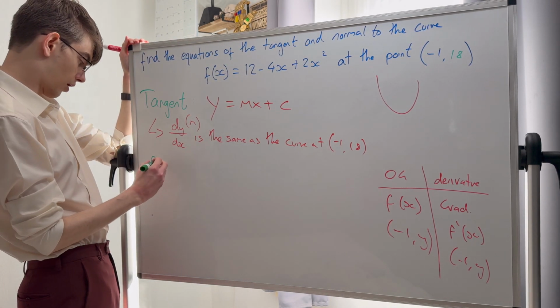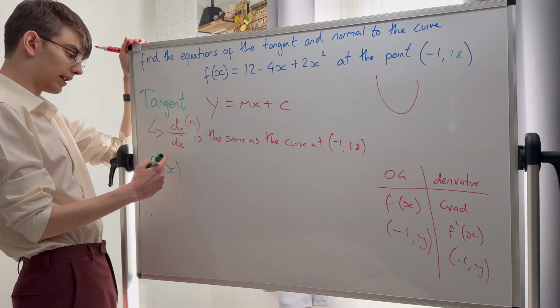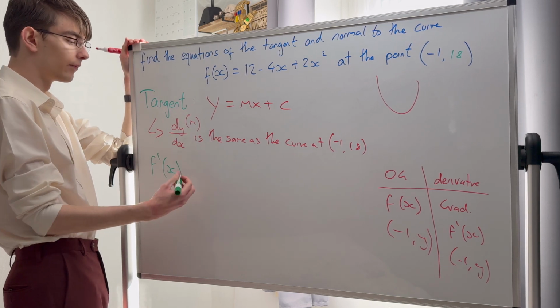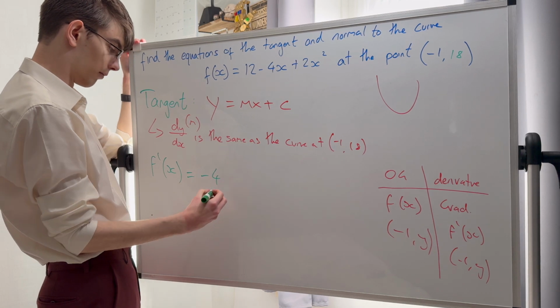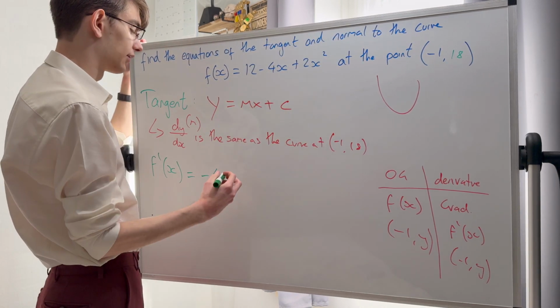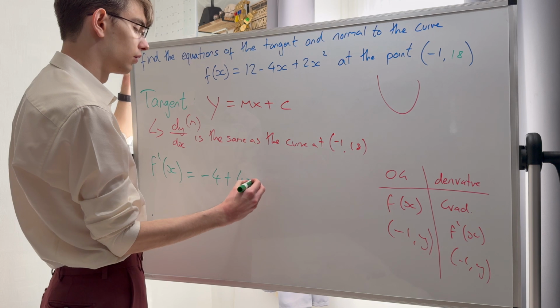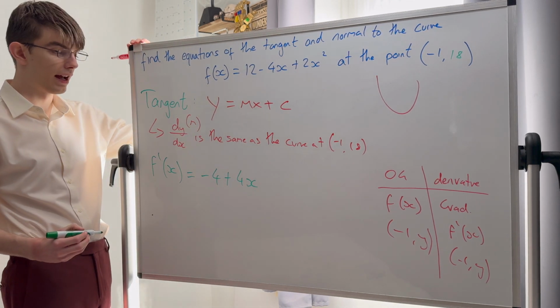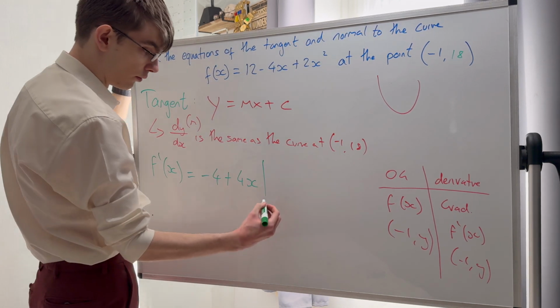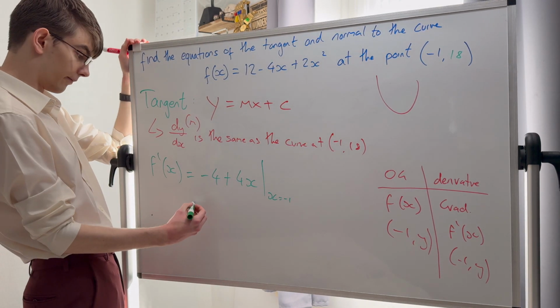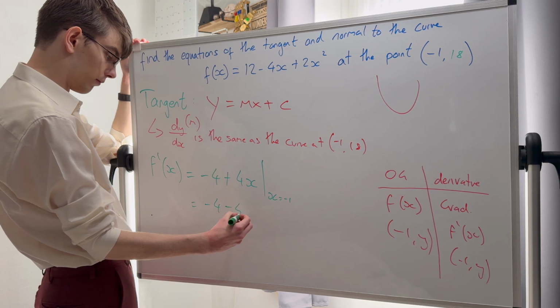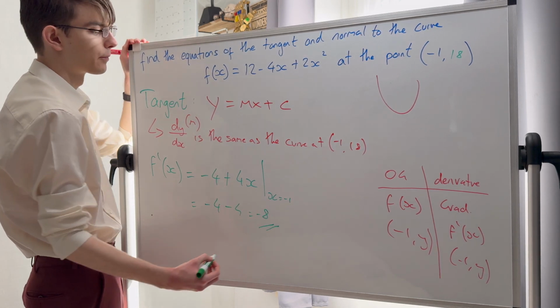So my f prime of x, which remember is the same as dy/dx, is, well, the 12 is going to disappear. My minus 4x will become minus 4, plus 2x squared is going to be plus 4x. And I know that x equals minus 1. So if I pop this in, I get minus 4 minus 4, which is minus 8.